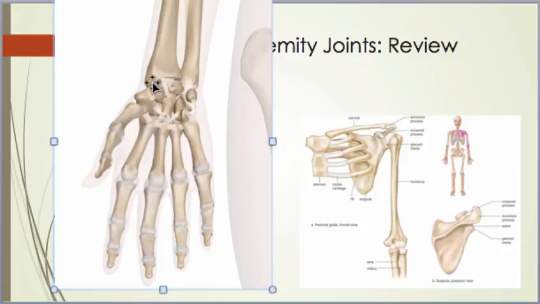All right, so if this is an ellipsoid joint here between the radius and the scaphoid and lunate, ellipsoid occurring in 2 planes, what is this one over here? Well, it's also an ellipsoid. However, functionally, the second ray, that's the metacarpal, and the third ray, metacarpal, are essentially not mobile.